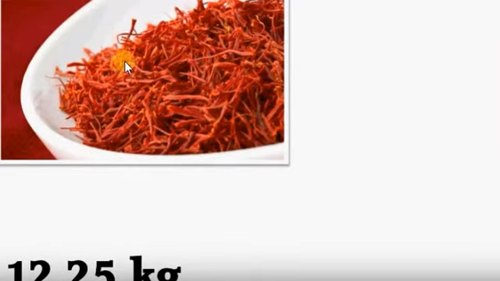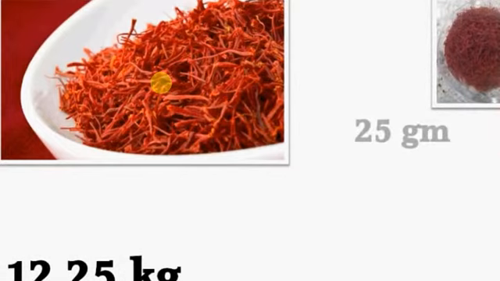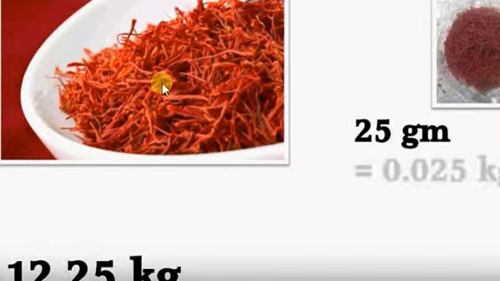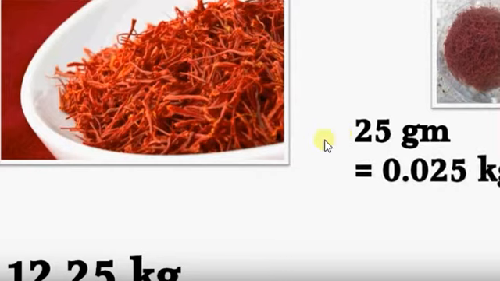Look at this other problem. These are spices. Spices are actually some products that are used to add taste to foodstuffs. Here you have 12.25 kilograms, which you want to put into packages, each with 25 grams.